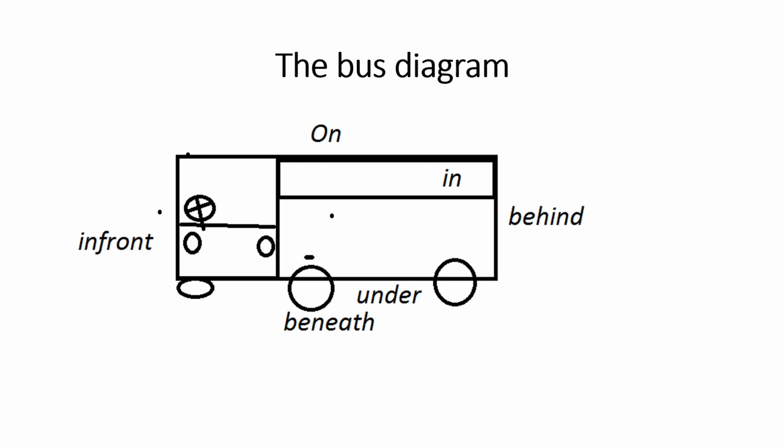Okay, so let's continue. Now, as we can see, we have drawn the face of this bus to show its frontal part. We can trace it by the presence of a steering wheel and 2 headlights. Now, suppose you're standing here, you are standing in front of the bus because you're facing the bus.